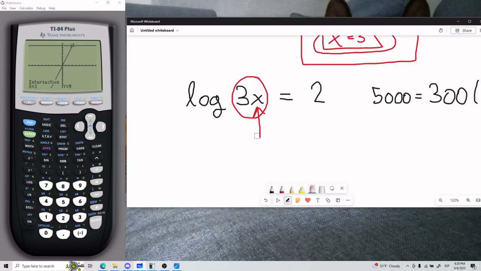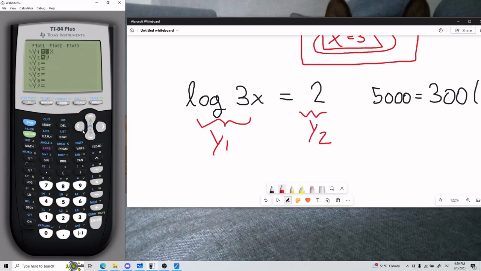First of all, you would say that the left side is y1 and this is y2. This is arbitrary. So let's graph that. Here I have log 3x for y1, and y2 is going to be 2. So I go ahead, do zoom fit, and see what I end up with.